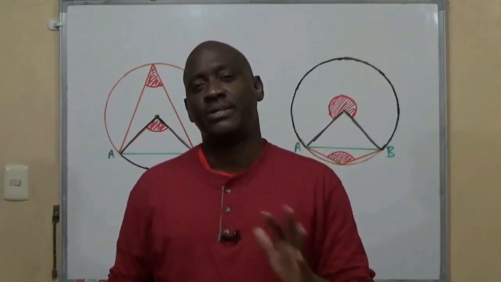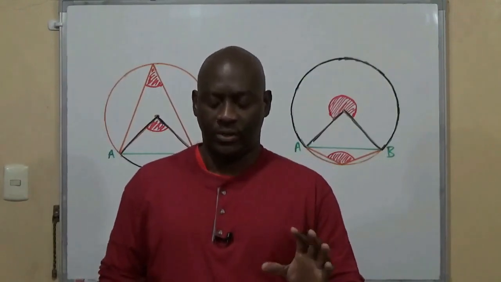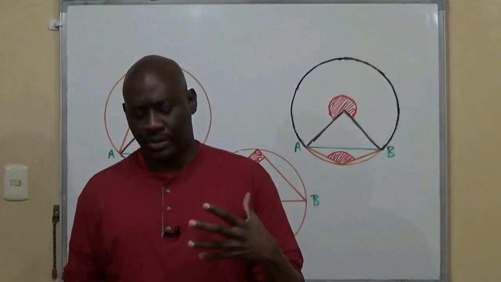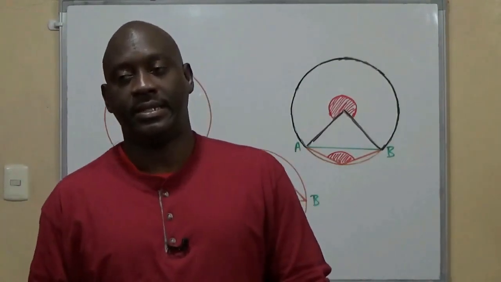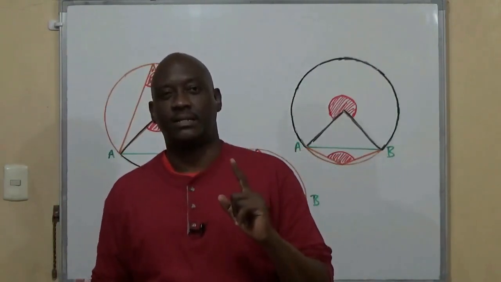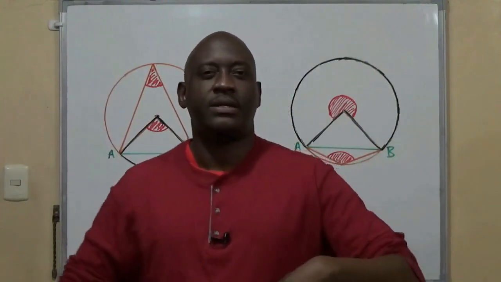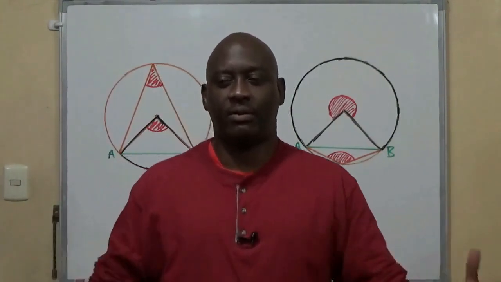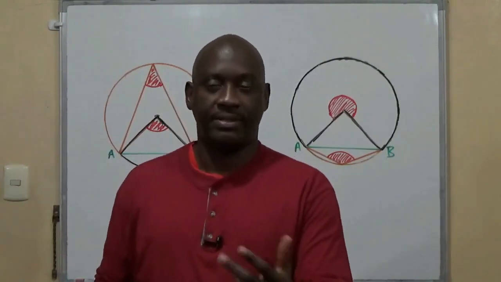Once you get the main points across, they get what you're saying and they get your marks. So don't get so caught up on memorizing the whole theorem that you neglect the most important part, which is to understand it, which is to remember it. Once you understand it and want to remember it, then you more or less have a almost free hand to develop your own vocabulary to describe the theorem.